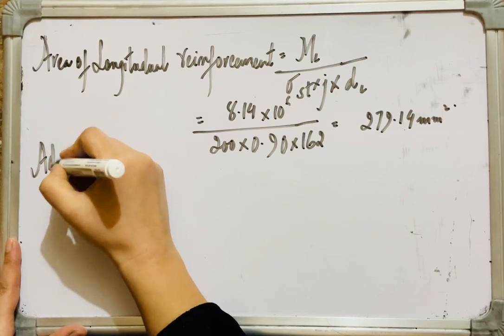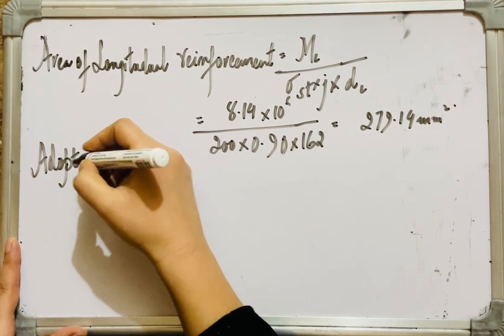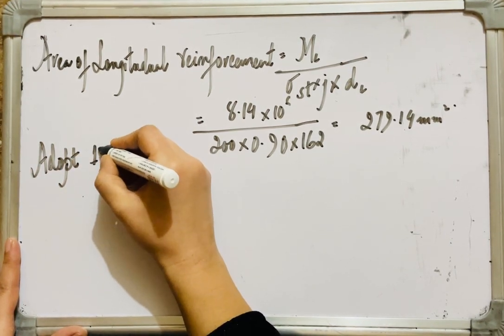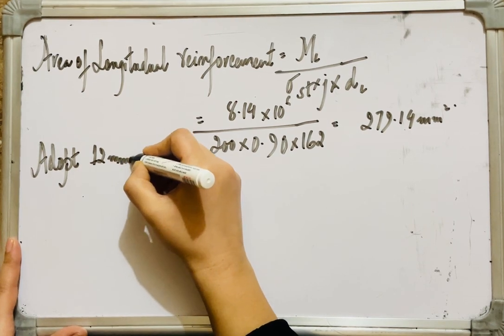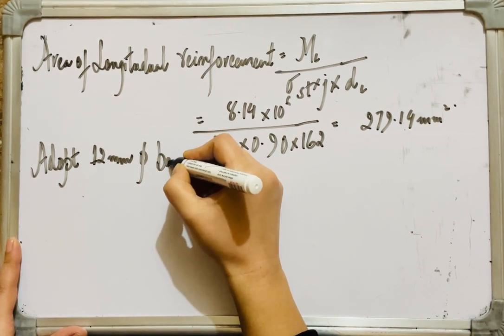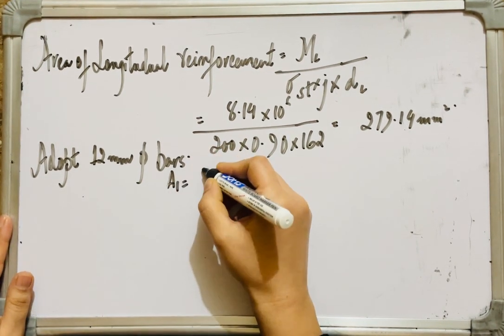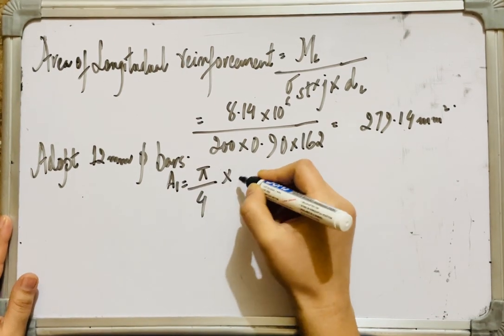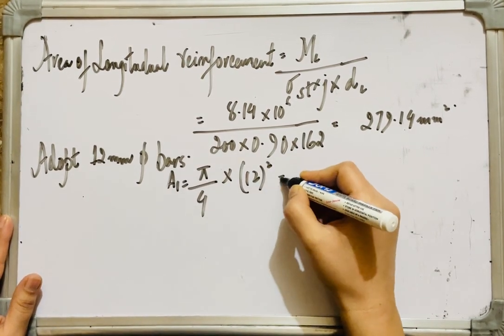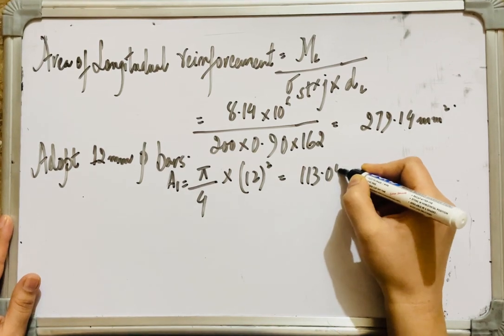I'll be adopting the same 12 mm dia bars. I could have used 10 also, but let's suppose we are adopting 12 mm dia bars. Area of one bar: pi by 4 into 12 square, it is 113.04 mm square.